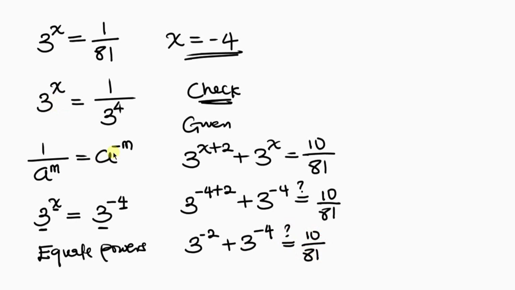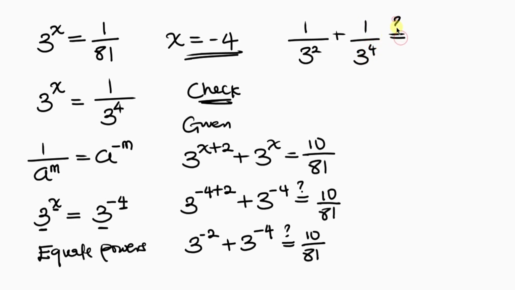Now we're going to be applying this law of indices to what we have here. Now it is in this state. Now we'll be writing it in this other state. So that means this expression can be written as 1 all over 3 squared plus this expression can be written as 1 all over 3 to the 4.